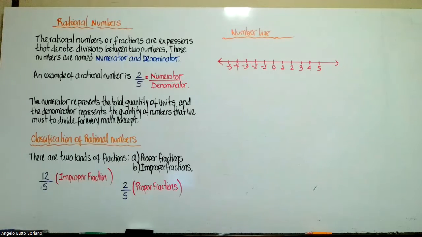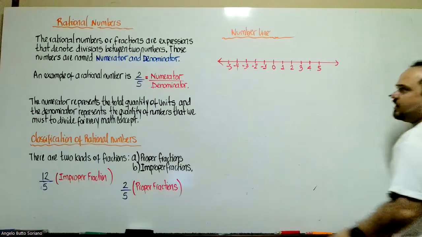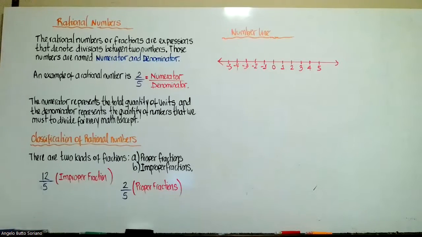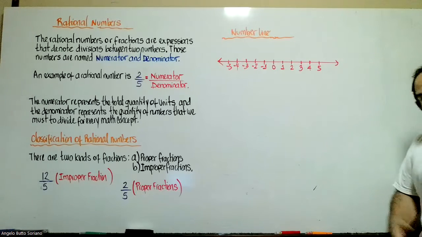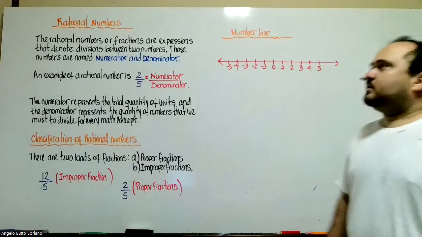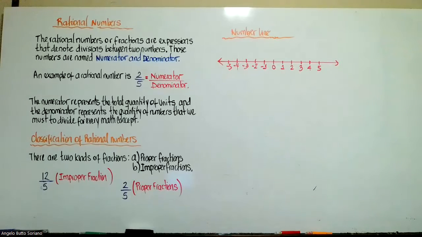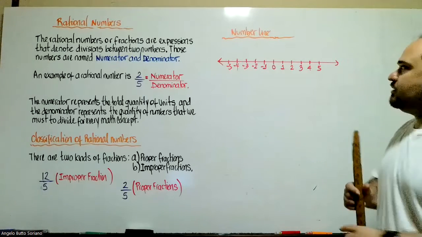In this situation, it's easy to determine which is the smaller value and which is the greater value when we're talking about whole numbers on the number line. But at the moment, we really want to know what the place of these rational numbers in the number line will be.